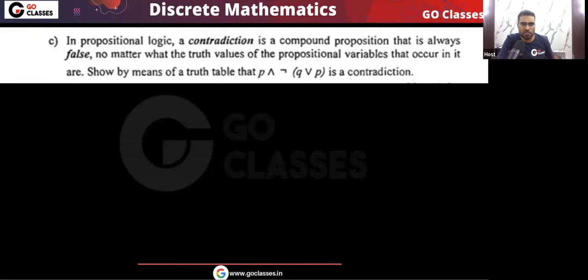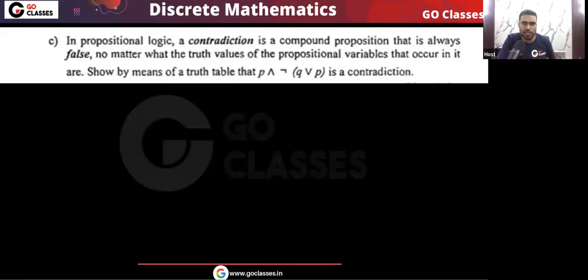Let's solve this question on your screen. In propositional logic, a contradiction is a compound proposition that is always false, no matter what truth values of the propositional variables occur in it. Show by means of a truth table that this is a contradiction. Tell me one thing, will you create a truth table?